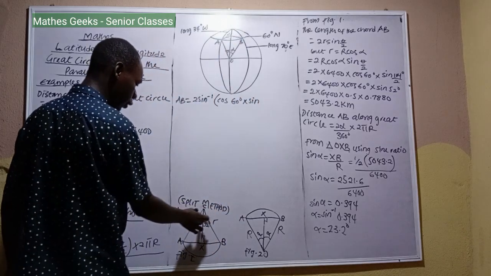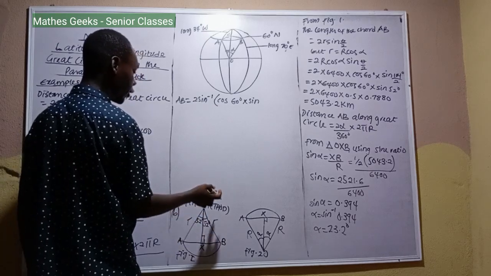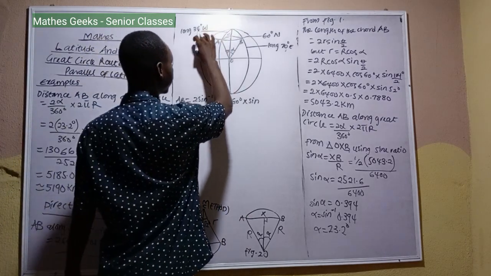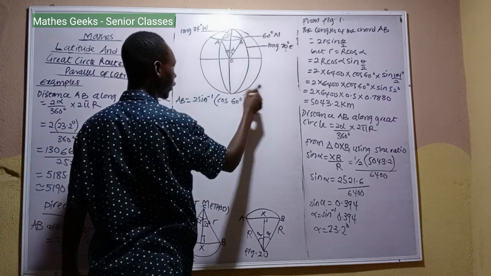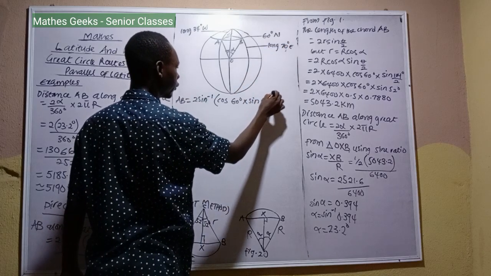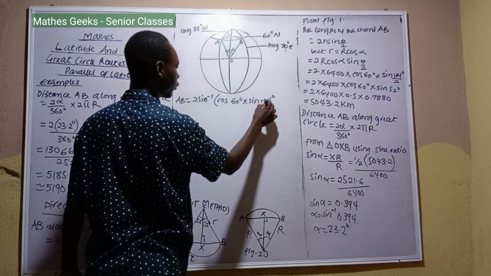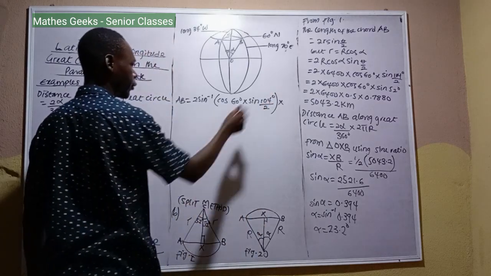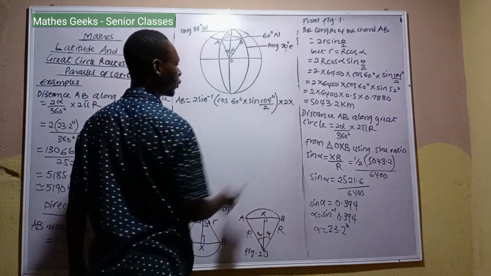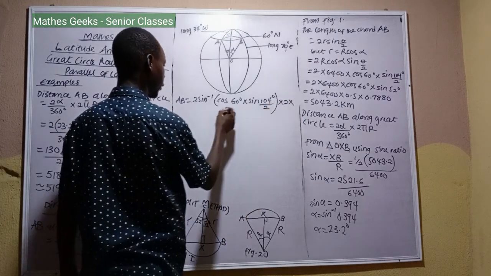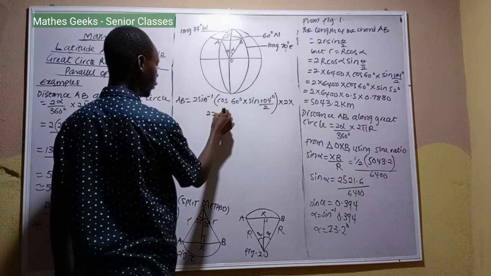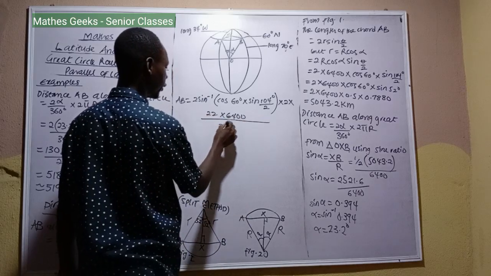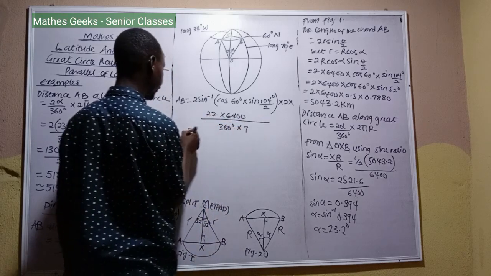Sine theta is the angular difference in longitude between point A and B, which is 34 degrees west and 70 degrees north, and that's equal to 104 degrees over 2, times 2 pi r, which is 2 times 22 over 7, 22 times 6,400 over 360 degrees times 7.